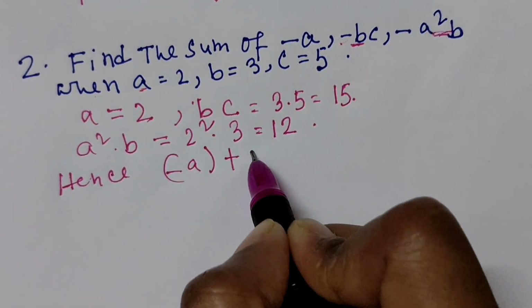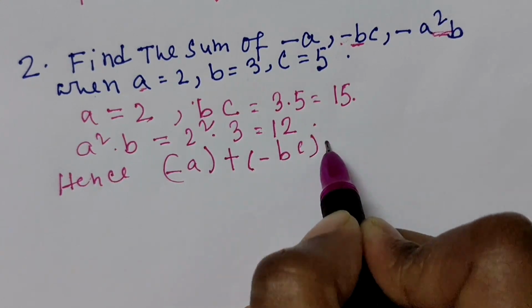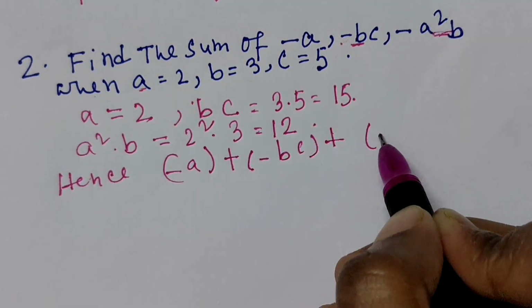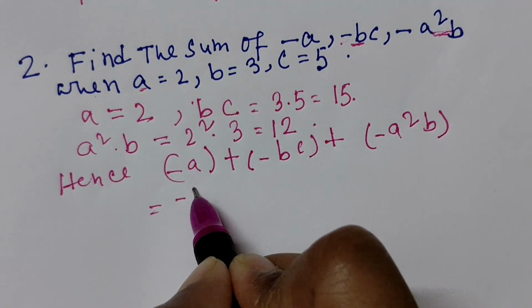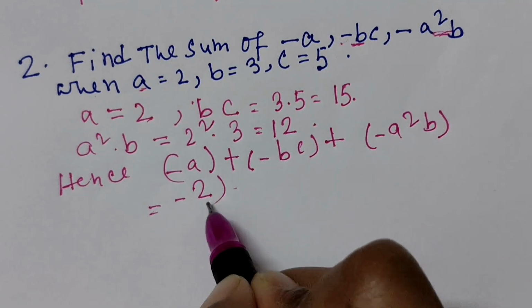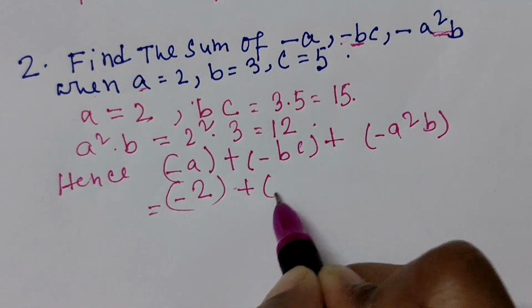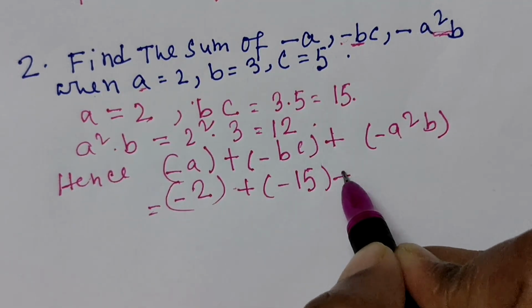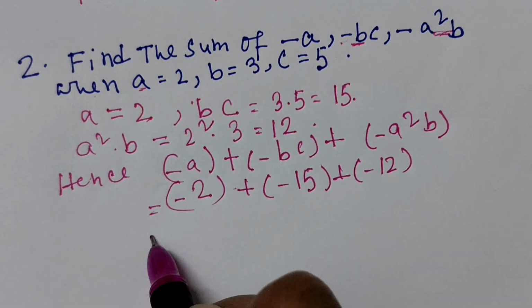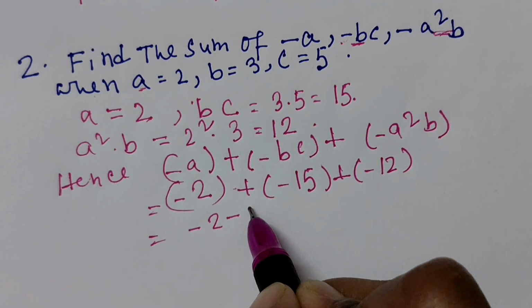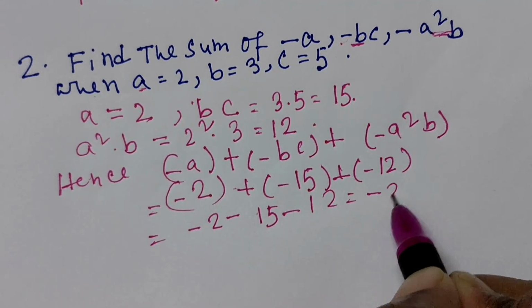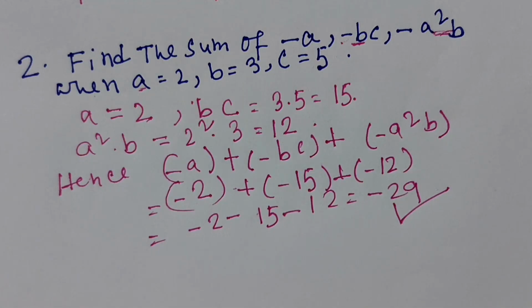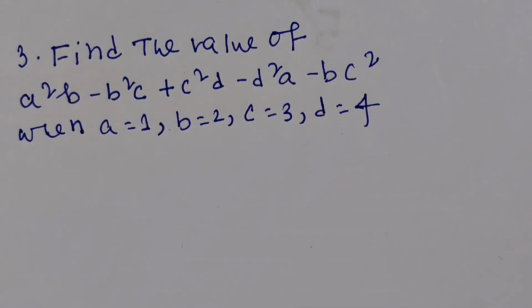BC is equal to 15 and square b is equal to 12. So minus a plus minus bc plus minus square b is equal to minus 2 minus 15 minus 12 is equal to minus 29.